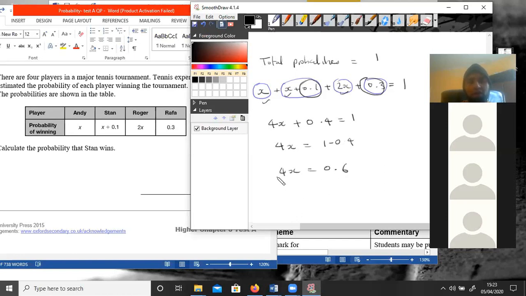So if I divide this side by 4 and that side by 4, x equals 0.6 over 4. Let me double check that on my calculator. 0.6 divided by 4 equals 0.15, perfect. So now I know x equals 0.15.